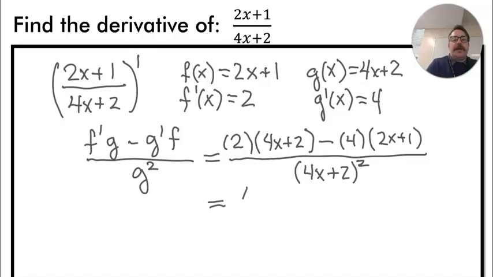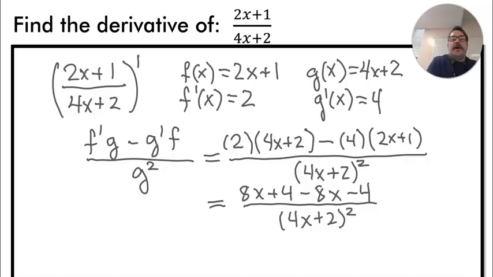If we multiply out our numerator here, a lot of this stuff cancels out. So we get 8x plus 4 minus 8x minus 4. Yeah, you get 0. Why did we get 0?